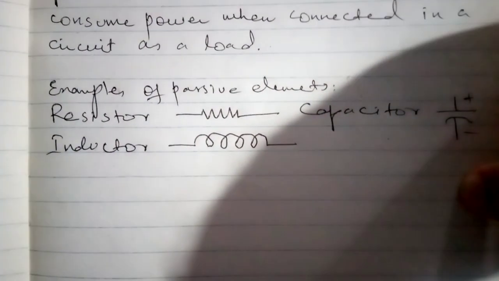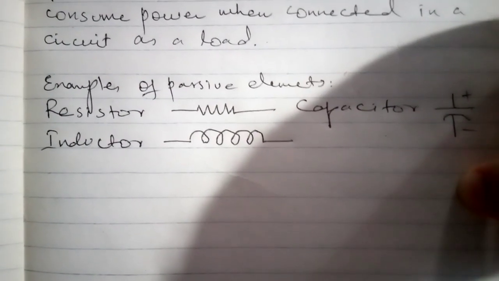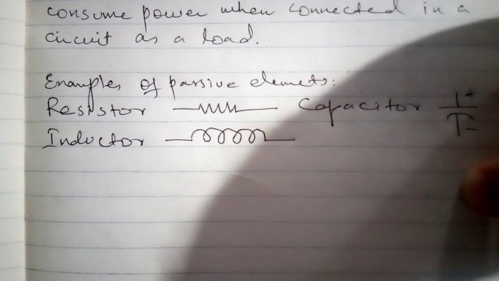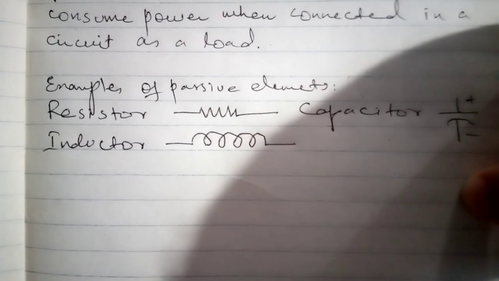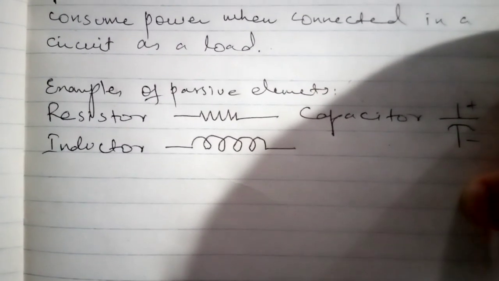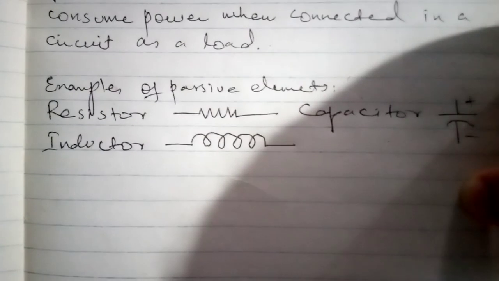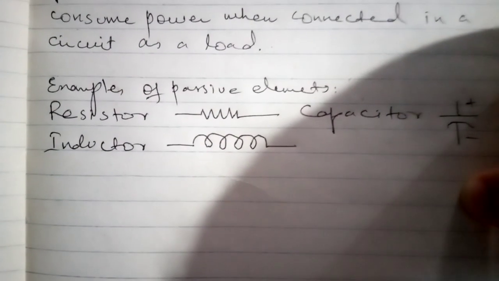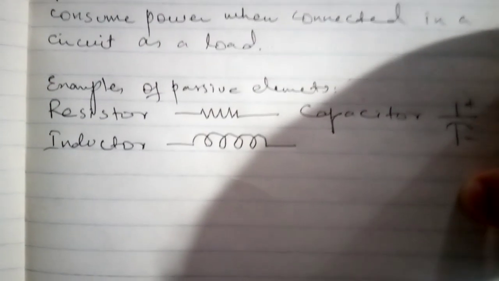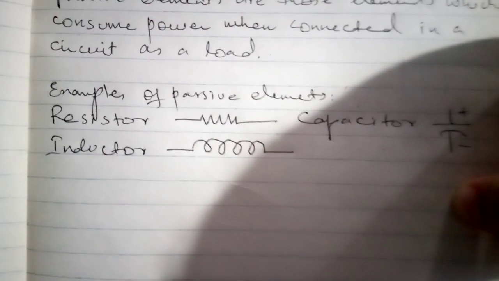Now look at this component which is called capacitor. Capacitor is a component. It's included in the basic passive elements of electrical and electronics engineering. What is the purpose of a capacitor? Capacitor is used to store the electric charge. Capacitor is used to store electric charges in its plates.